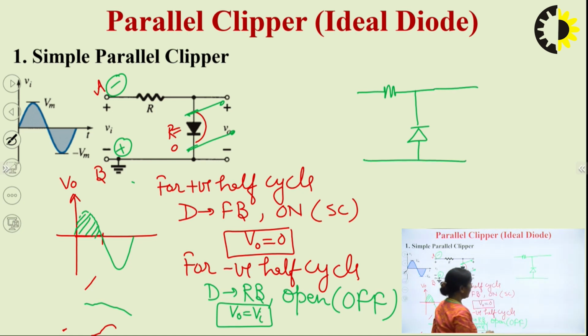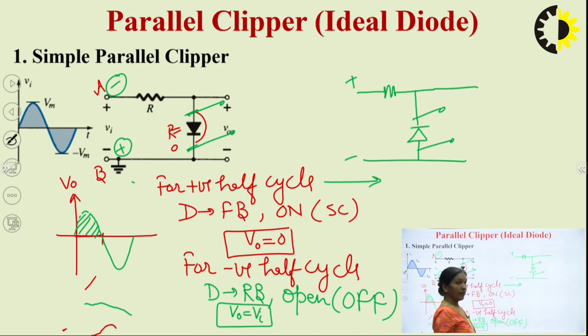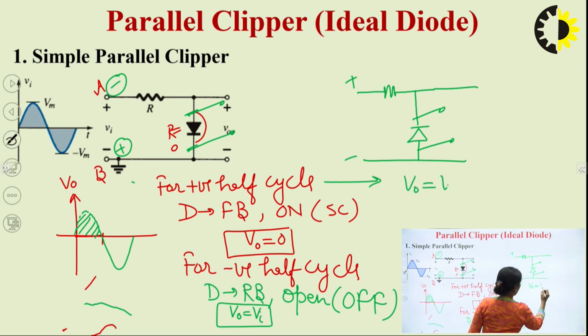During the first half cycle, this terminal will be positive and this will be negative. So this will make your diode reverse bias, so it will be open. If it is open, then output will be equal to input.